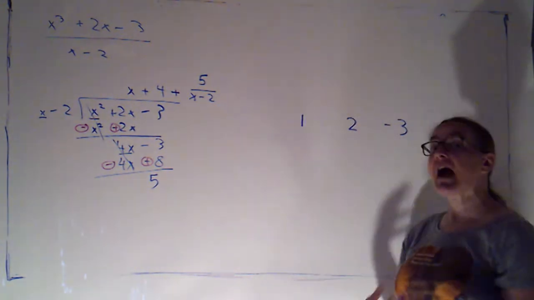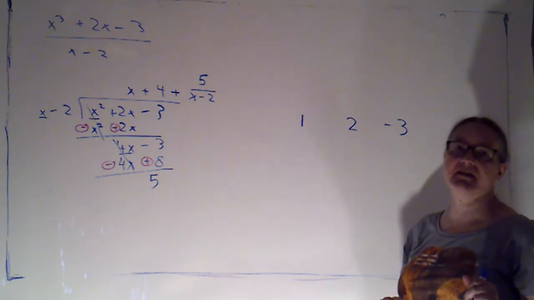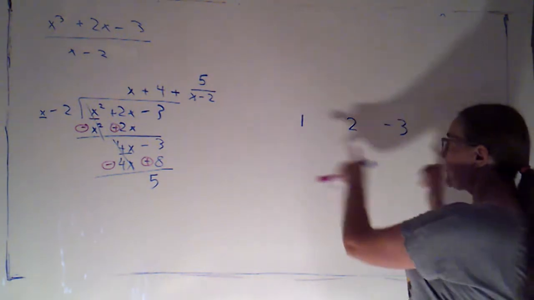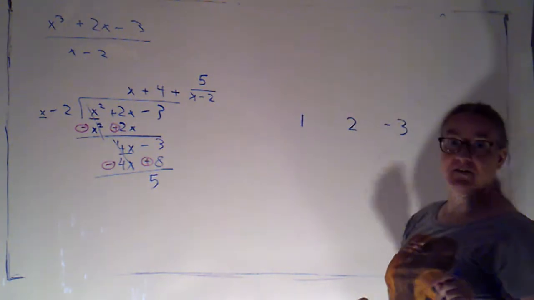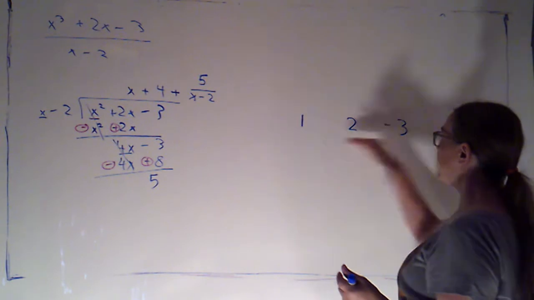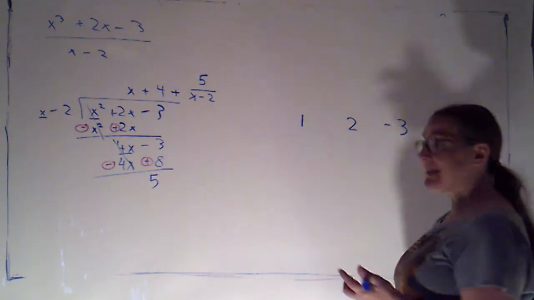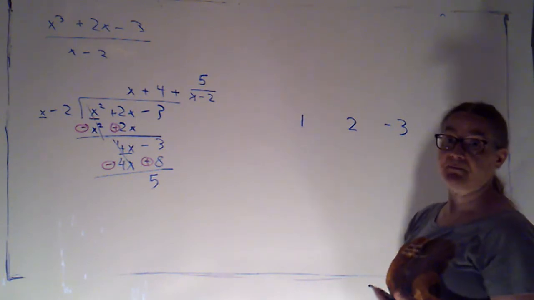Here, if I were missing a power, I would have to write a 0. Because I'm not writing the power of x, I wouldn't know what I had. So, going to be very important. Here it's not necessary to write a 0, but if I were missing any powers, it would be.